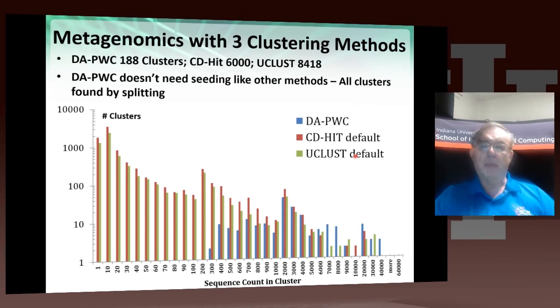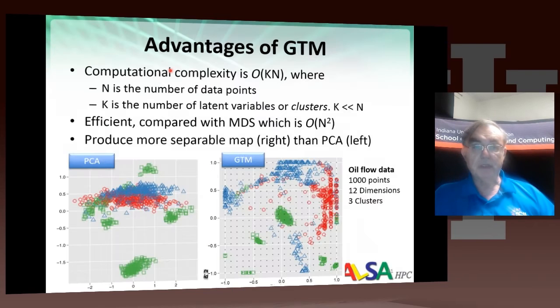These tend to work by seeding and then growing the seeds and then finding the clusters you get by growing the seeds. And they tend to give you too many clusters. The deterministic annealing starts with one cluster and gradually refines it until you get, in this case here, for the metagenomic sample, 188 clusters. Now that's the end of that particular discussion.